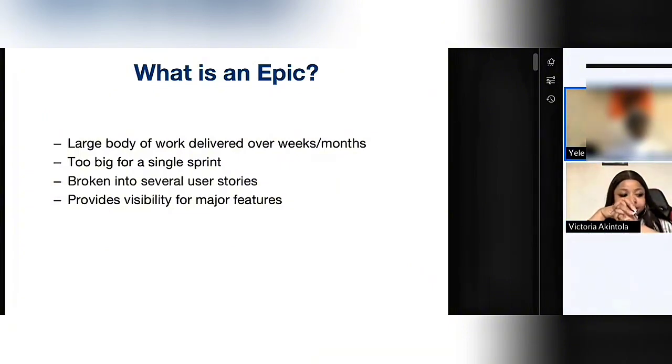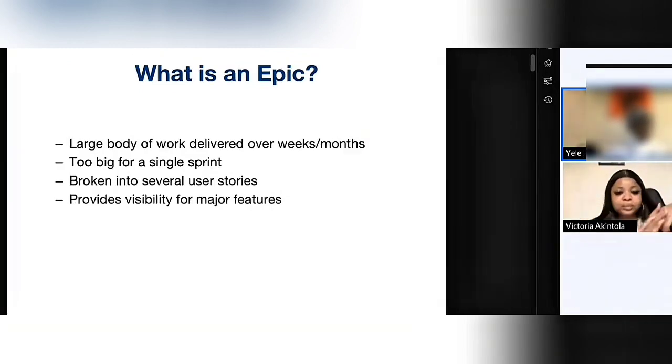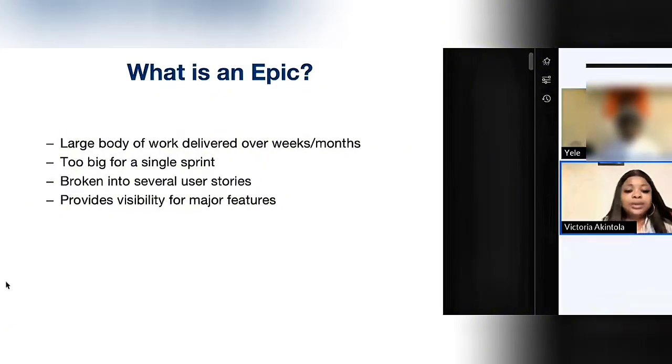Online registration, onboarding process, where students can register. So now we're looking at onboarding systems for students. That is an epic. Student onboarding system, that is an epic. Does this explain what exactly needs to be done? No, right? It doesn't explain what needs to be done.